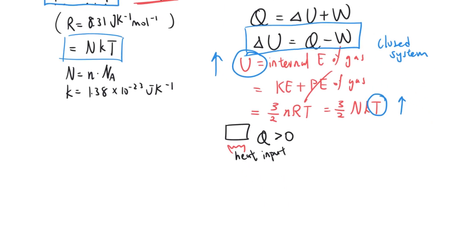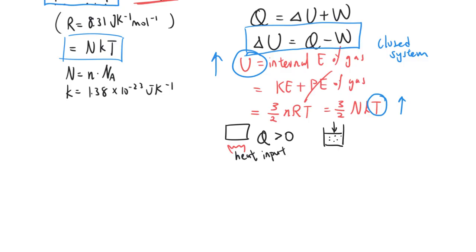Now, the other way to do this is by making the volume smaller. So if you think about if you have trapped gas inside a piston like this, then by pushing down the piston, you can increase the temperature.